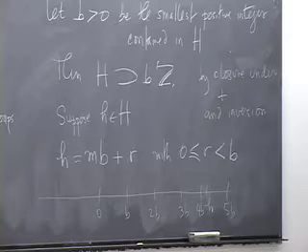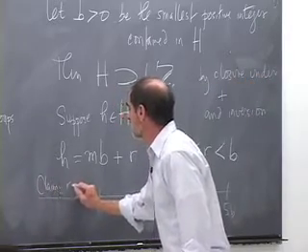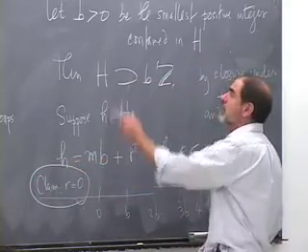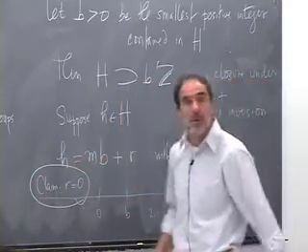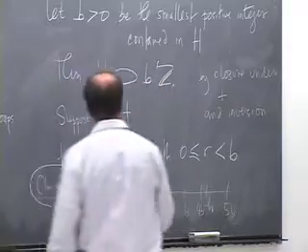Now, I claim that r is equal to 0, which will show that h is actually a multiple of b, so that this exhausts the subgroup. And the proof is, if not, why?